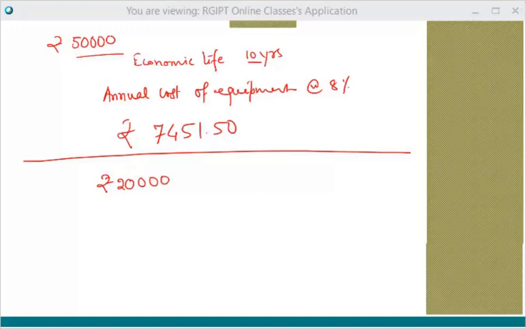20,000 is deposited in a bank which is paying 8% interest rate. Okay, per year.